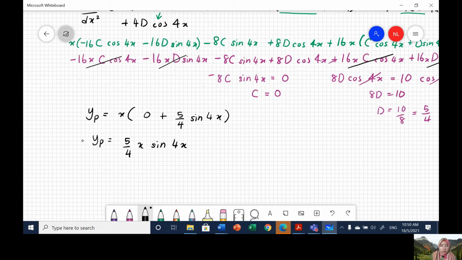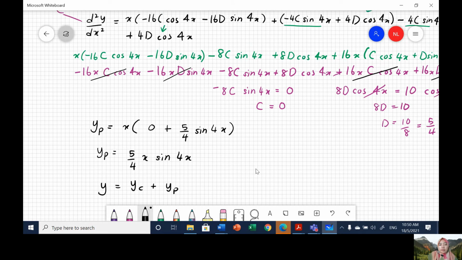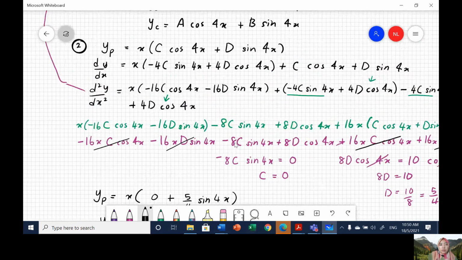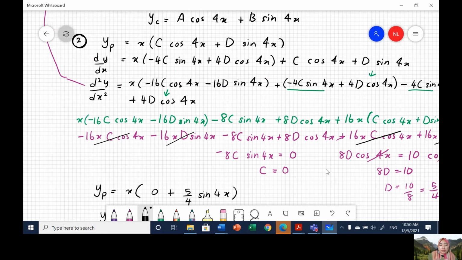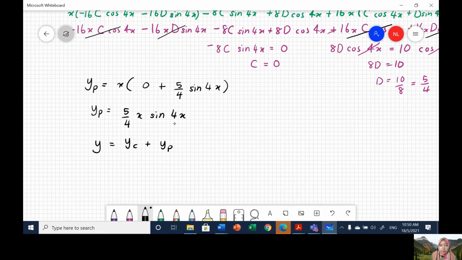Then one more: y is yc plus yp. Here yc is a cos 4x plus b sine 4x, and then plus yp. So this is the general solution.